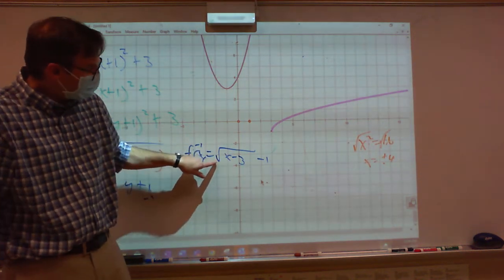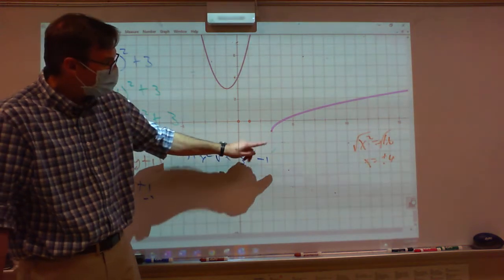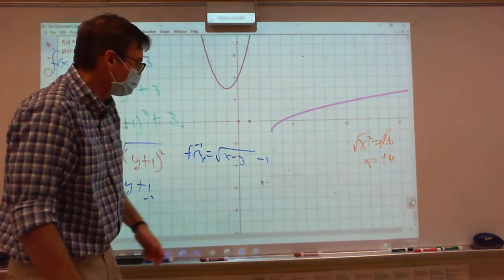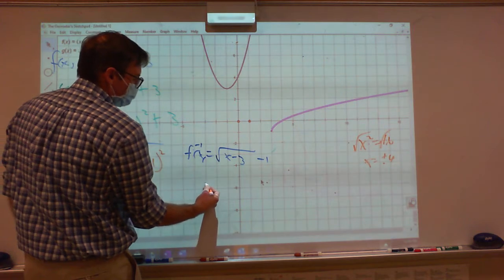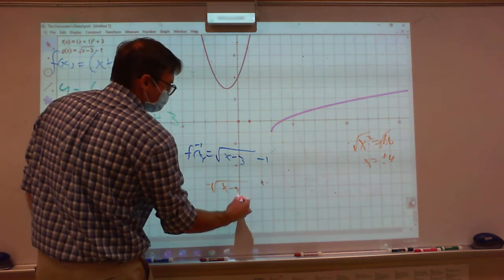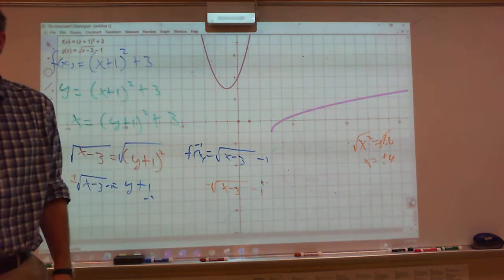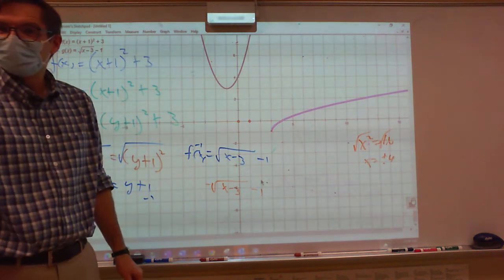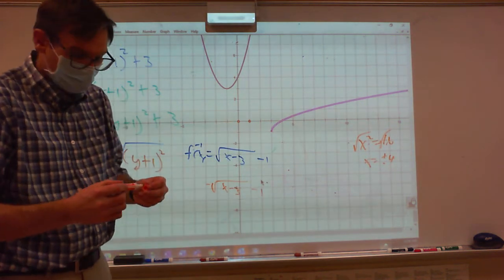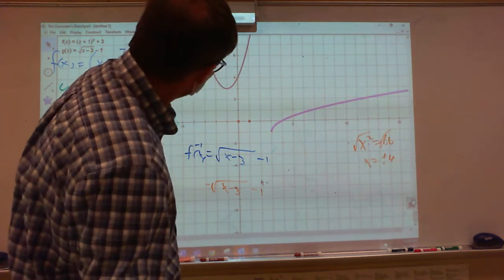This square root of x minus 3, minus 1, that's the top half. If I were to also graph negative the square root of x minus 3, minus 1, what do you think that's going to give me? I think that's going to give me the bottom half. So I'm going to graph it.